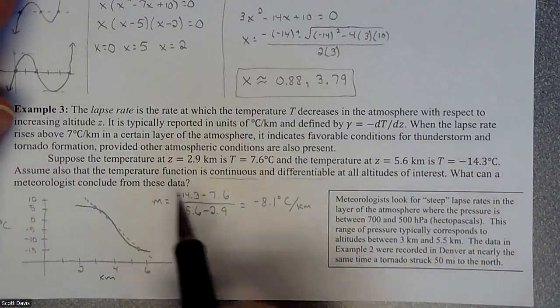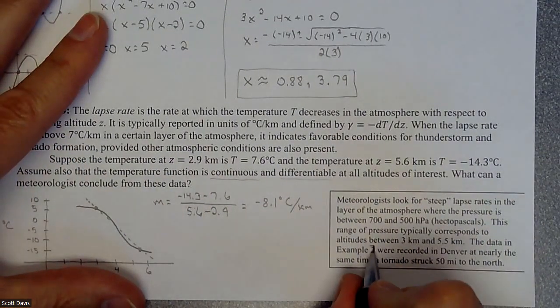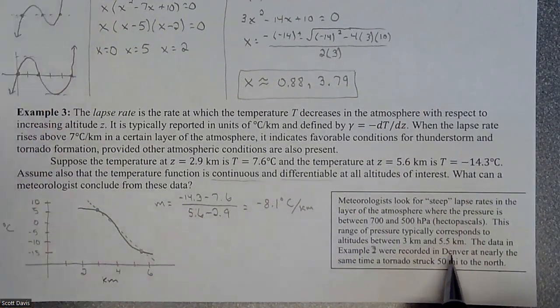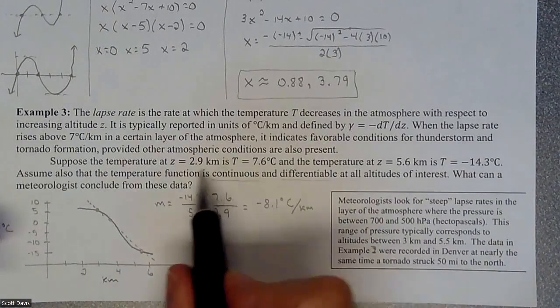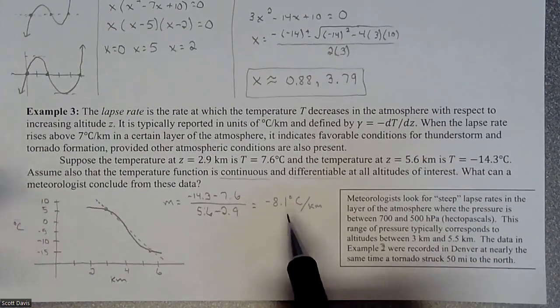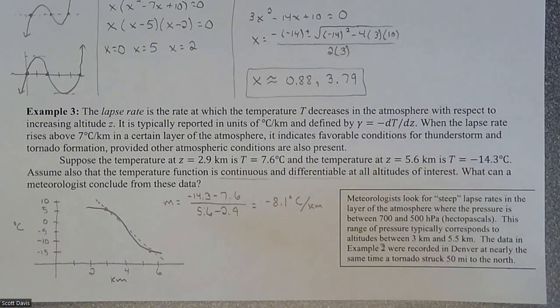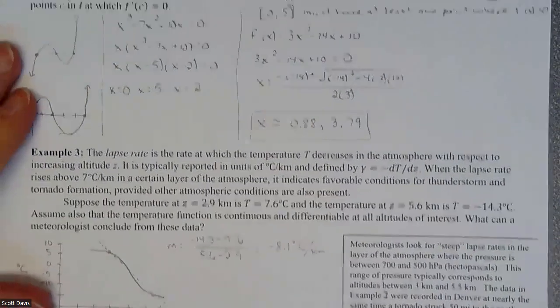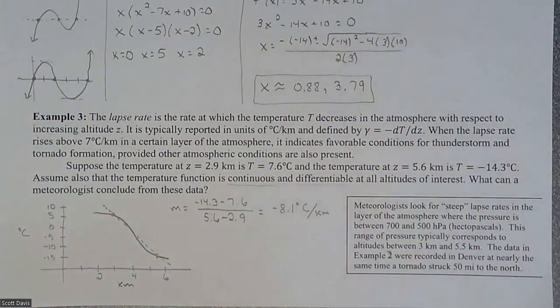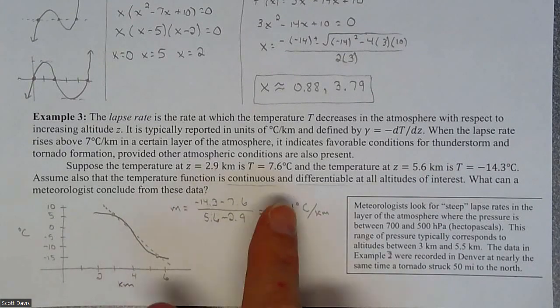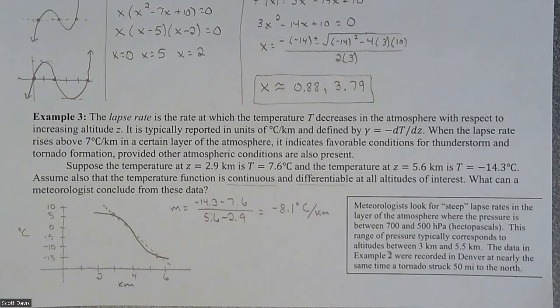And it says in this example, the data were recorded in Denver, and at a nearby same time, a tornado struck 50 miles further north. So that data was real life, and that data actually did imply that there was a potential for tornado formation, and it actually happened. So that is a rough idea of how the mean value theorem could work in the real world, where we don't necessarily have equations, but we can figure out certain situations based on the mean value theorem.